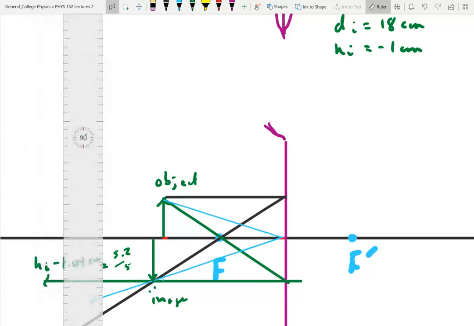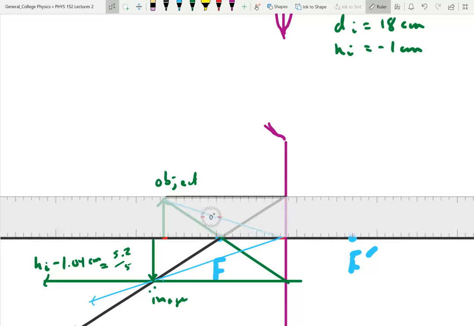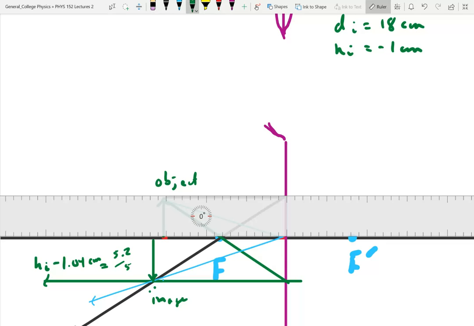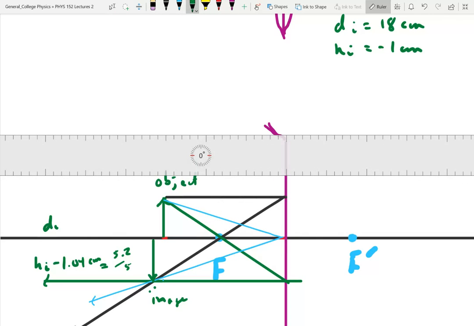Now for the image distance, the image distance is going to be 10, 15, 16. What do you say? 16.8. Now notice, this is 16.8 centimeters.